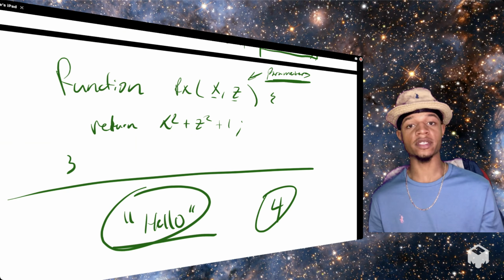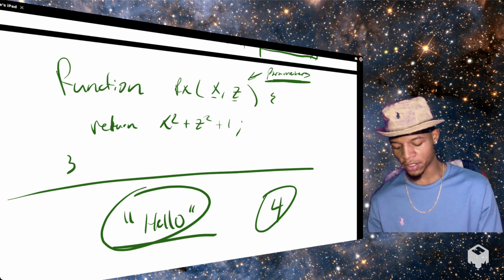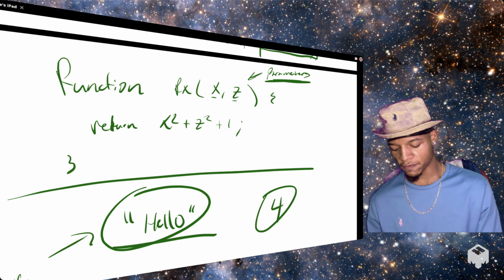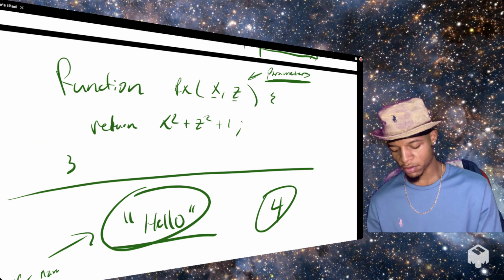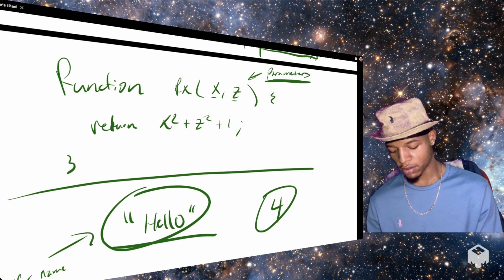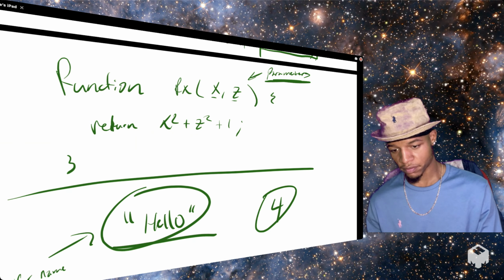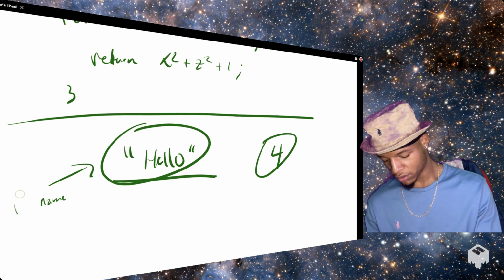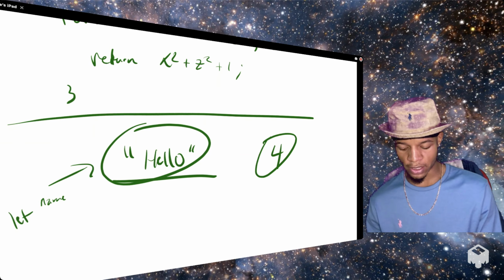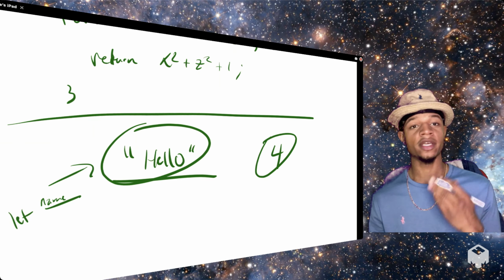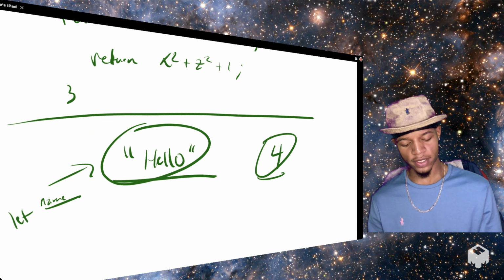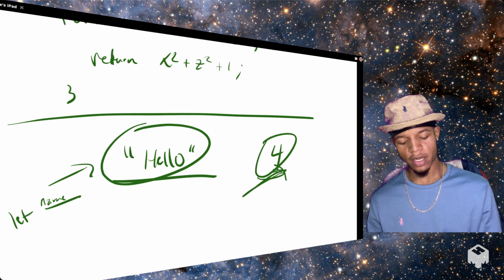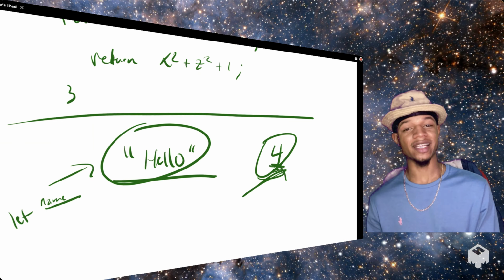This is an anonymous number because they don't have any variables. Let me not use var. I'm going to say let name equals hello. So now hello isn't anonymous anymore. Before, it's still anonymous because there's no identifier connected to it.